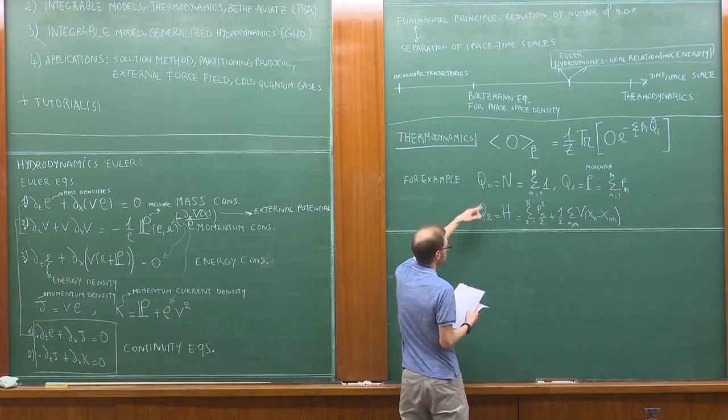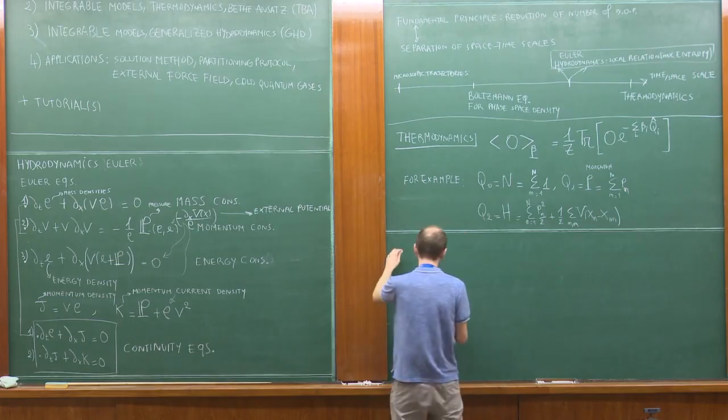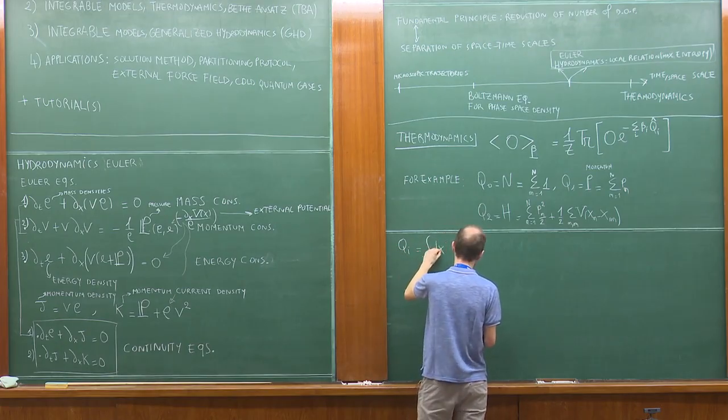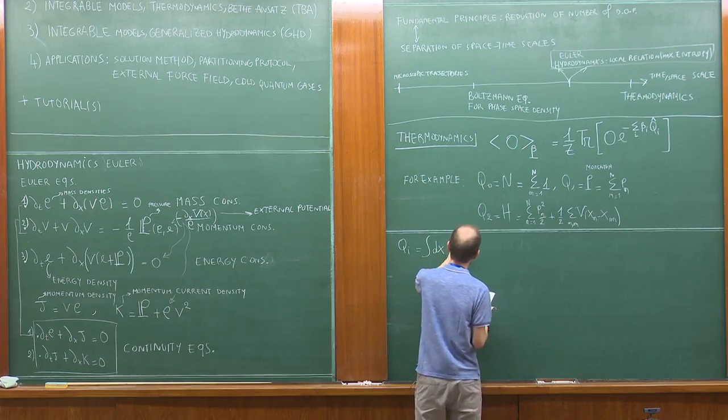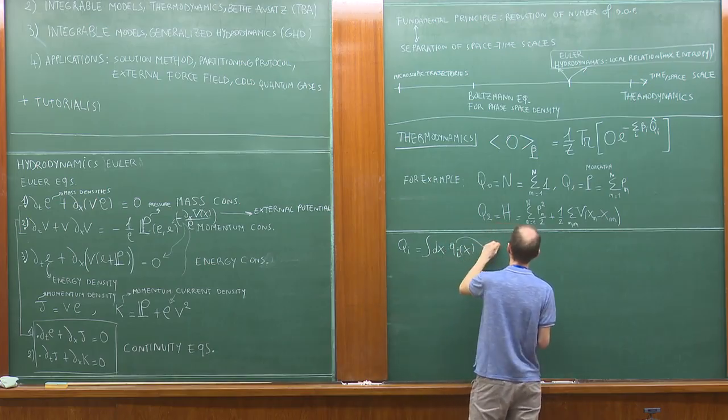Then, to each conservation law, you can associate a density, right? Something which is local in space. This is like charge density.